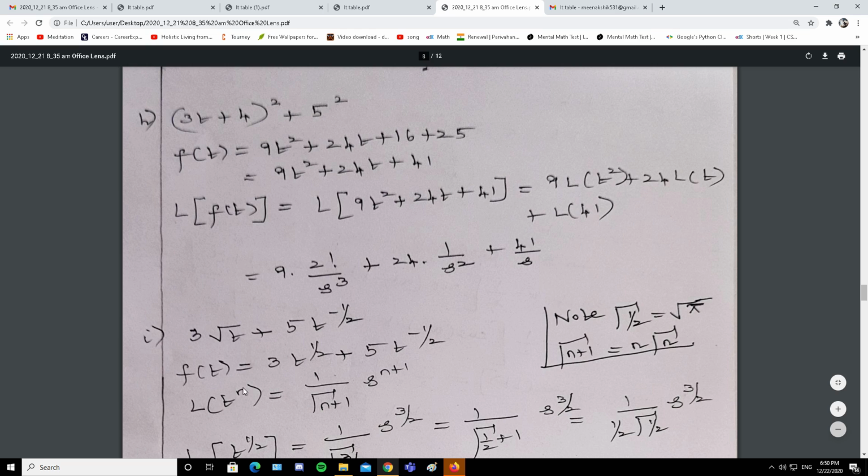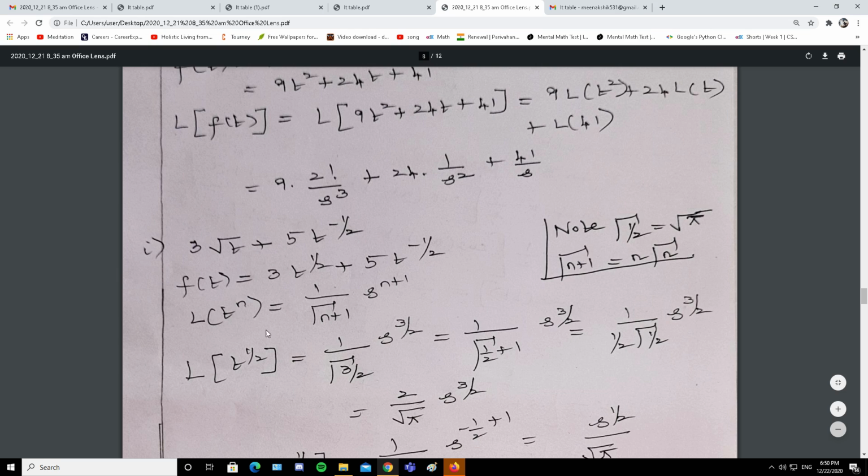So f of t equals 3t power half plus 5t power minus half. So what is Laplace of t power n? Gamma of n plus 1 by s power n plus 1. So when you have rational powers of t, you can make use of this formula. If you take n as half, Laplace of t power half is gamma of 3 by 2 by s power 3 by 2.